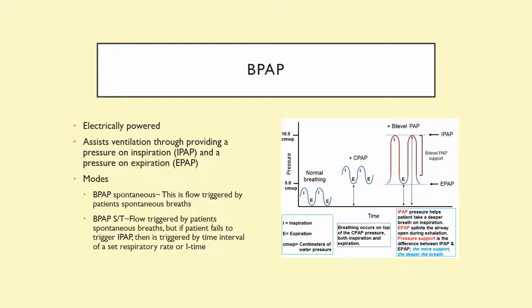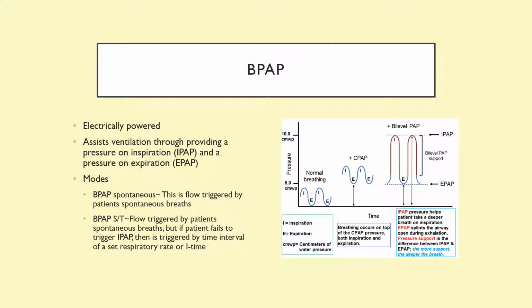The next example over is if they're on CPAP, and in this example, the patient is on 5 centimeters of water pressure of CPAP, so when they take a breath in, they're breathing on top of that CPAP pressure. They inspire on their own and they exhale on their own, but the pressure in their airway never goes below 5, whatever the CPAP pressure is set.